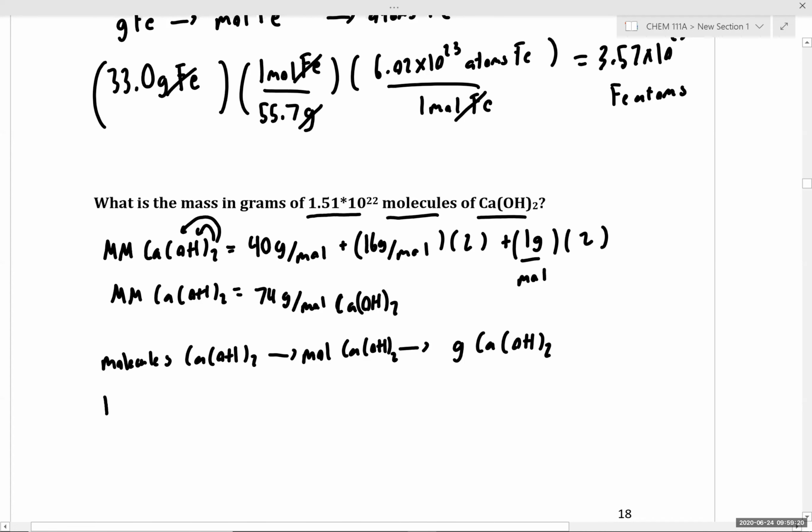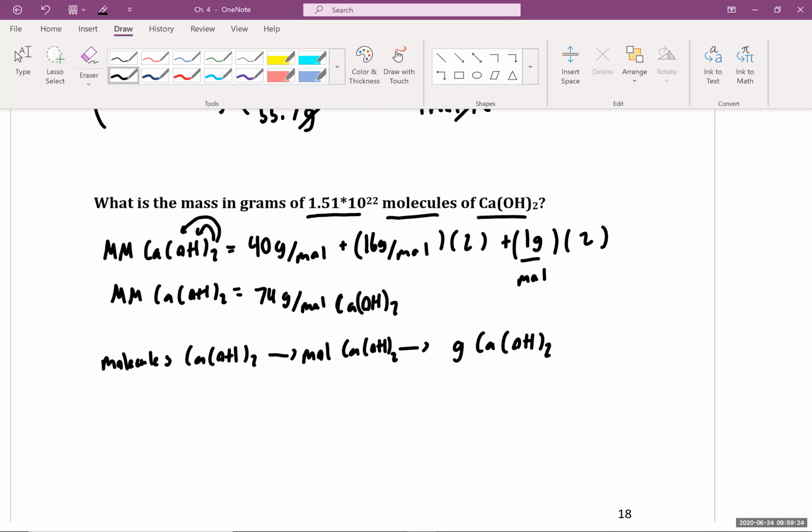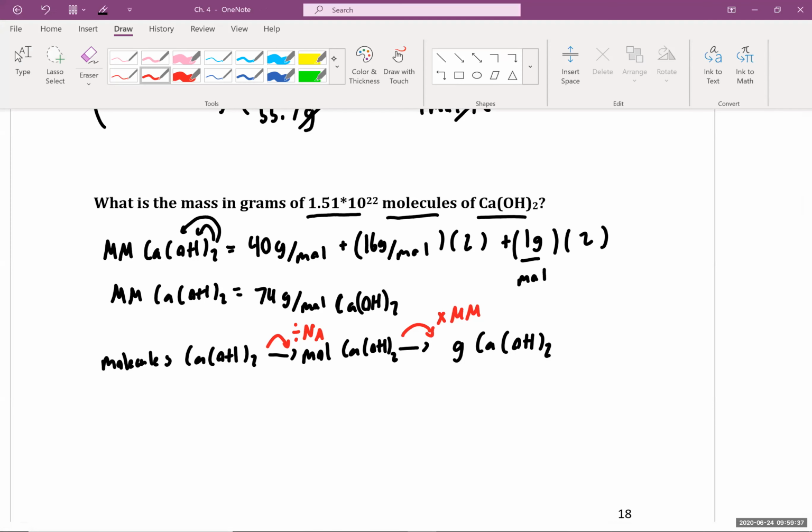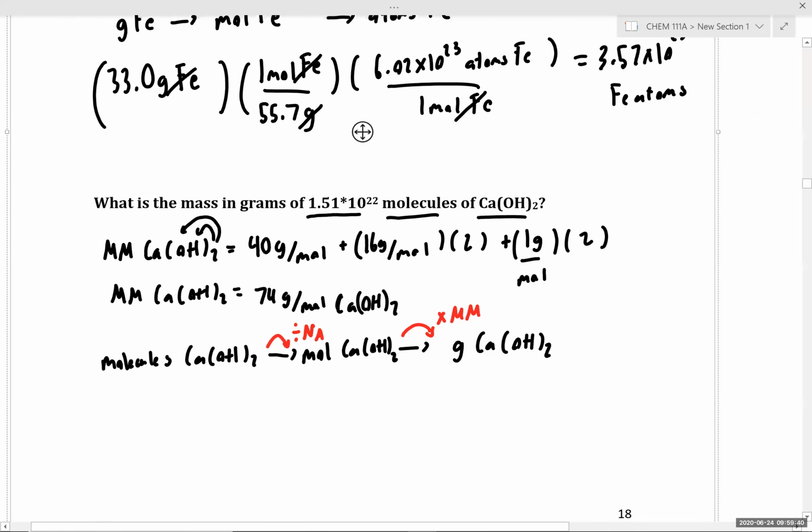So again, just to fill out our problem solving scheme, to go from molecules to moles, we're going to divide by Avogadro's number. And to go from moles to grams, we're going to multiply by the molar mass. So now that we have this problem solving scheme filled in, we know that we have 1.51 times 10 to the 22nd molecules.